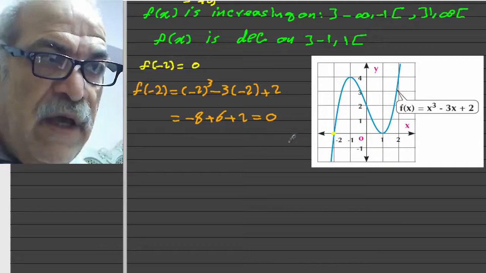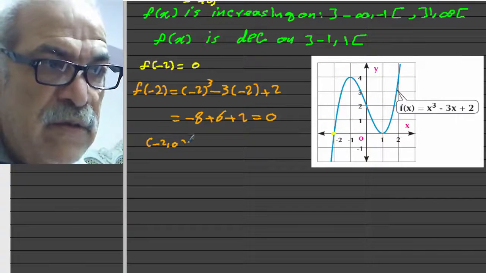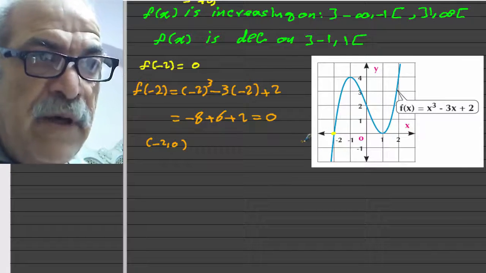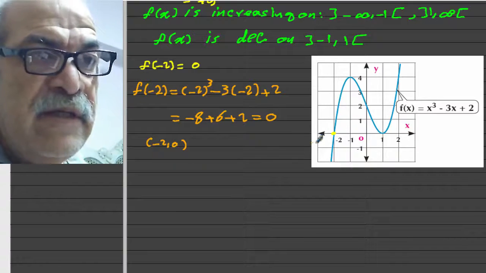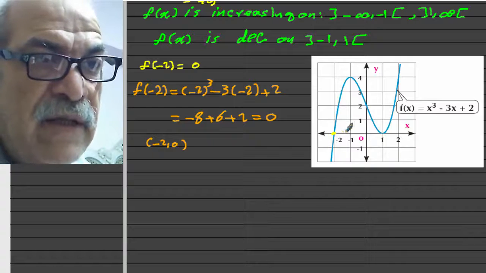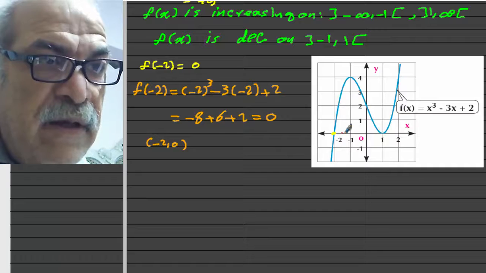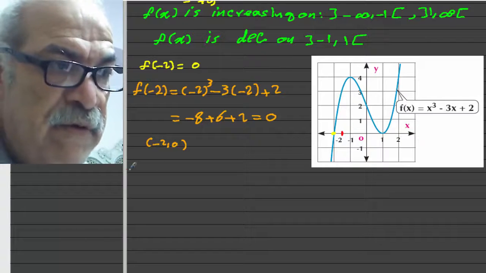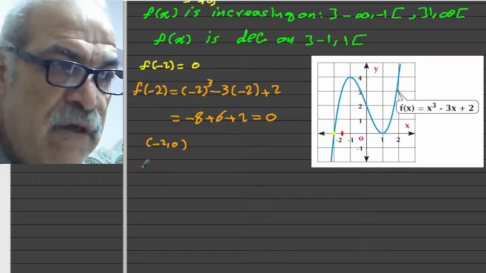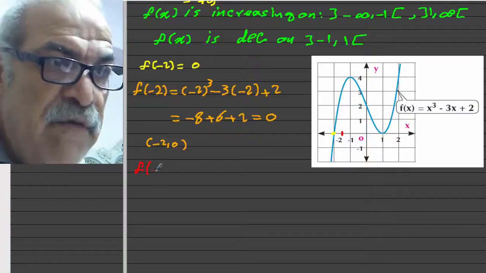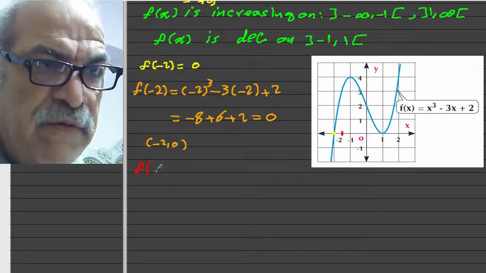Okay, so we have here the point -2 and 0. By increasing the value of x, I'll take another point here like -1.5. So I'll find the value of the function f of x when x equals negative 1.5.